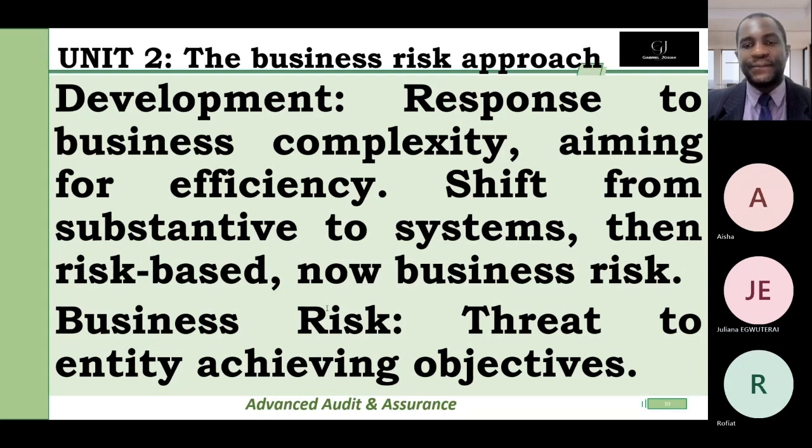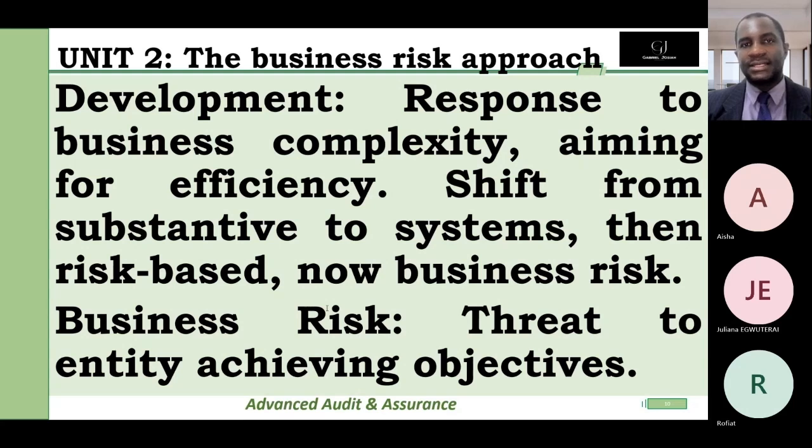Okay, so looking at the business risk approach, it emerges as audits needed to keep up with increasing business complexities, like we said. There's a shift in audit focus over time from substantive testing to system-based testing, to risk-based auditing, and to the business risk approach.